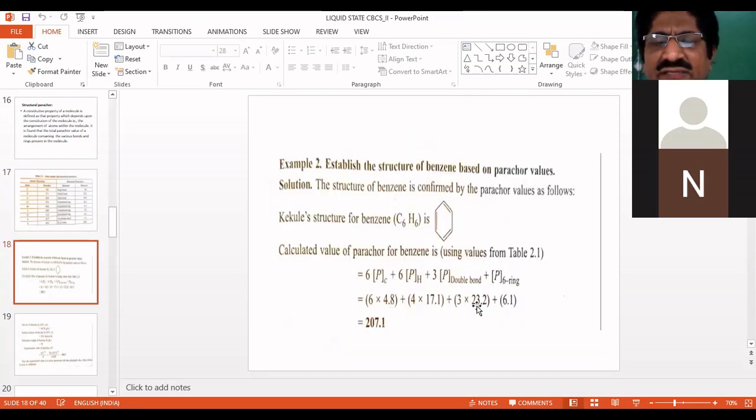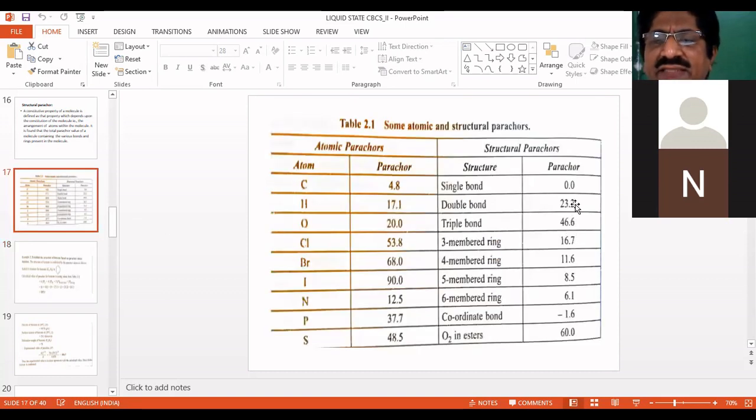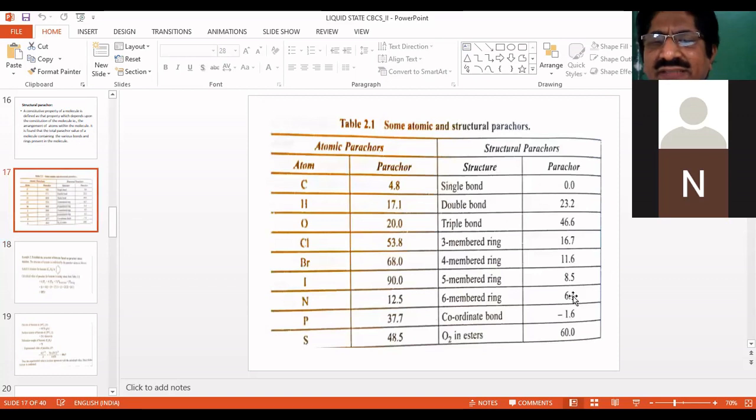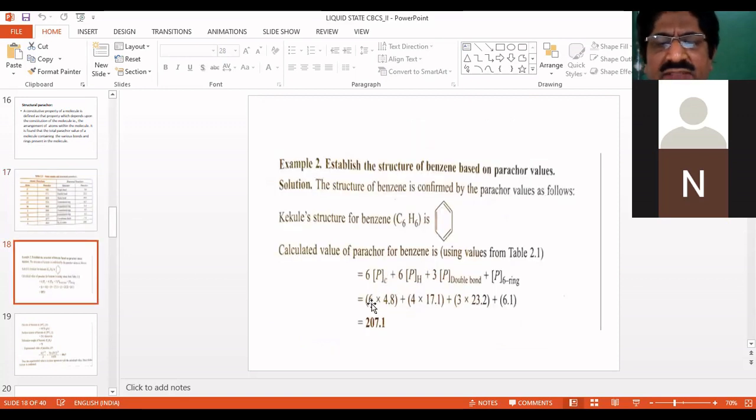And this is 23.2 for the double bond, that is called the ethylenic double bond. That is the 23.2 value for the ethylenic double bond. And then 1 six-membered ring, so the six-membered ring contributes about 6.1. Now, if you multiply those values and then add, this is what we call the additive cum constructive property.